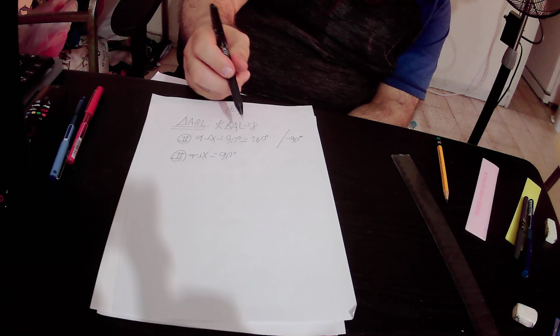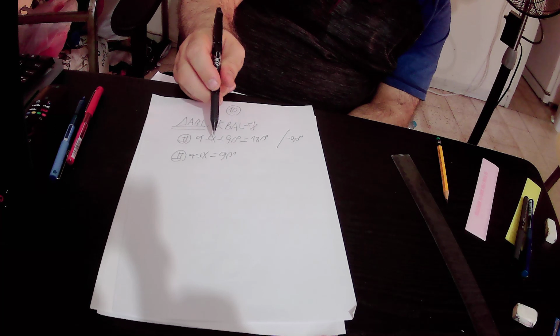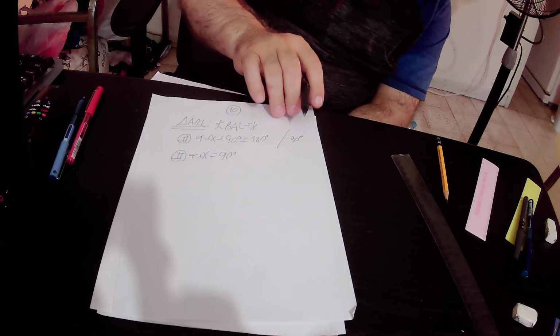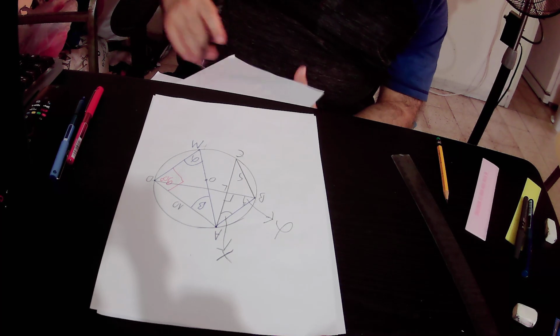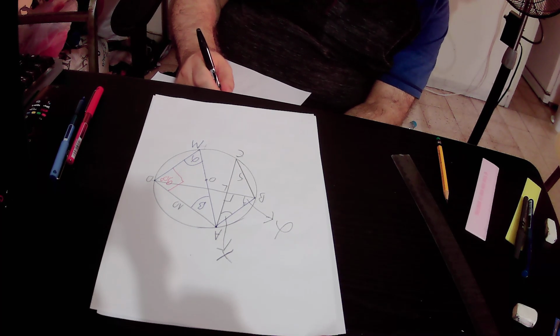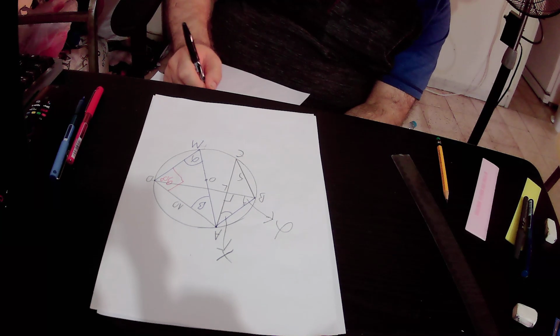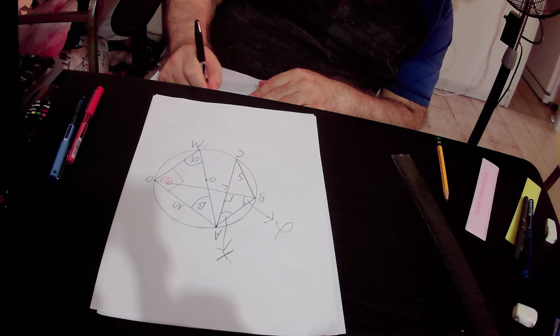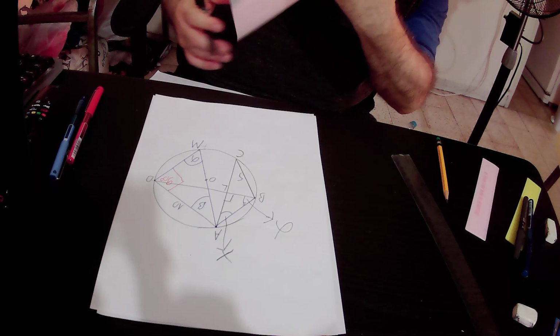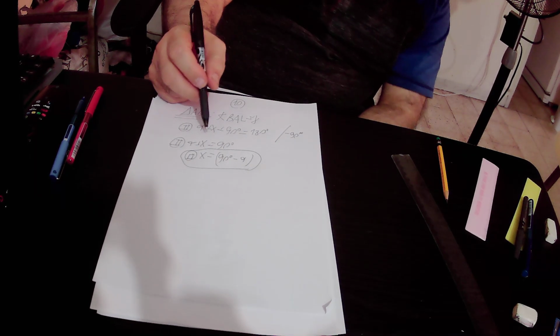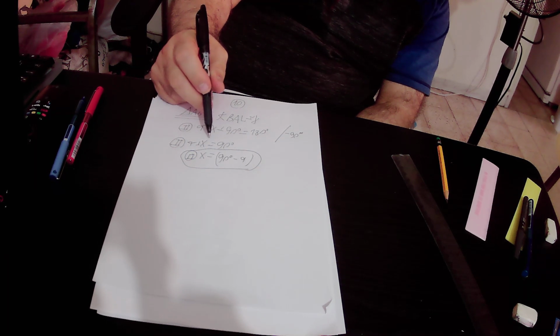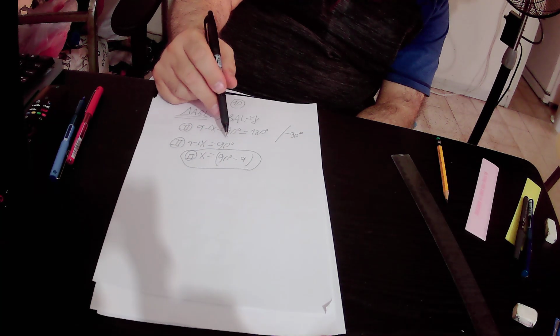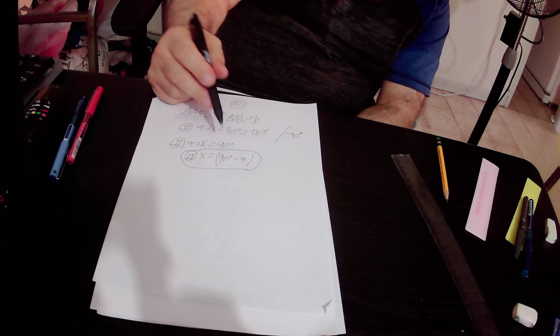equals to 90 degrees. Here we will subtract alpha from the second equation. So we subtracted alpha from this equation. Alpha plus x minus alpha equals to x, and 90 degrees minus alpha equals to 90 degrees minus alpha.